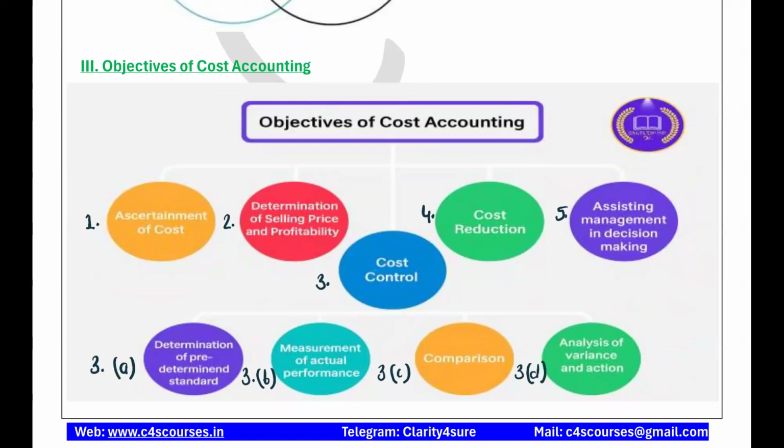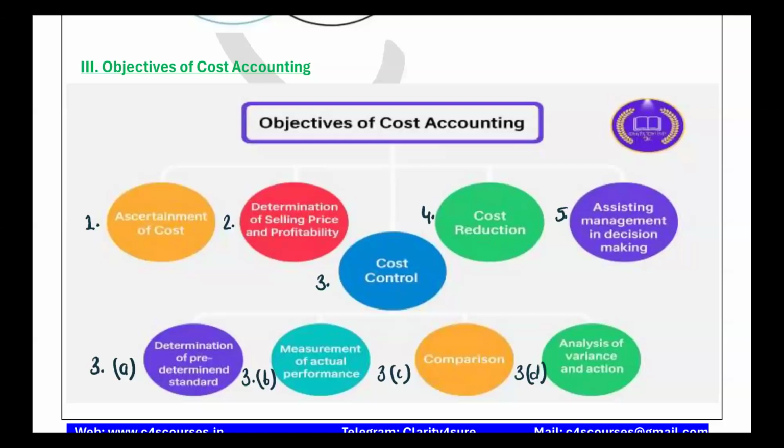First, when you have a cost accountant, what will he do first? He will do ascertainment of cost at every department. For example, for McD to open in Rajouri Garden in Delhi, he will see what kind of land he needs, what square feet of land.